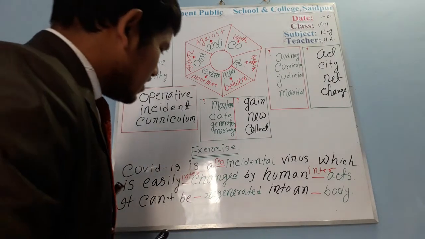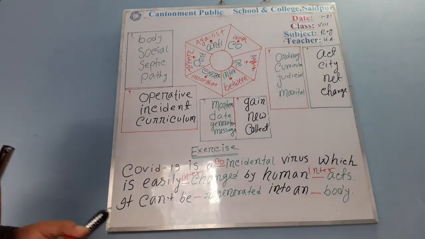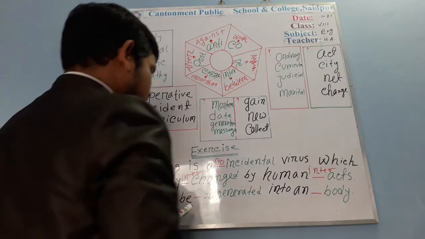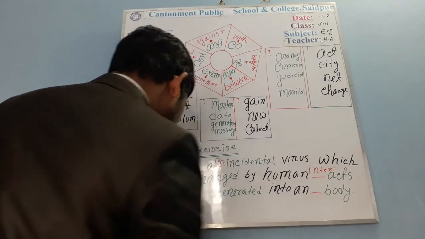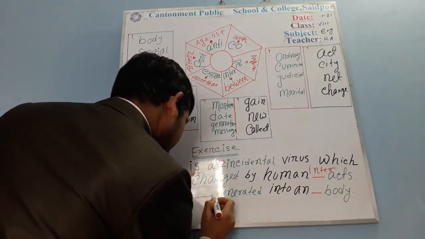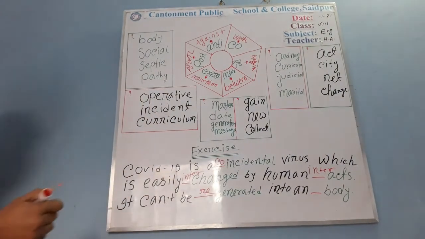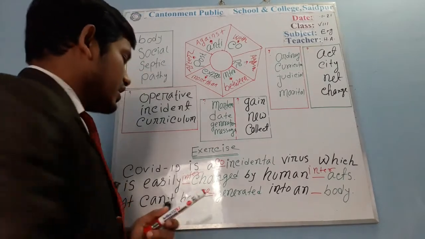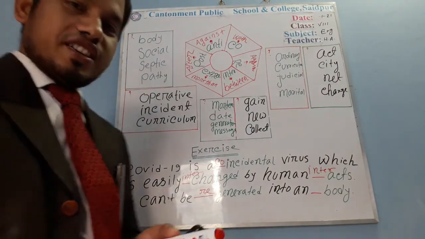It can be regenerated. What is the word now? Regenerated. Generation. Which one can be used here, learner? The prefix here is re. The root word is generated, and if we use the prefix re, that is regenerated.